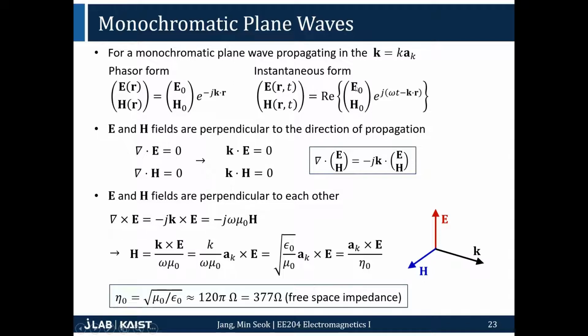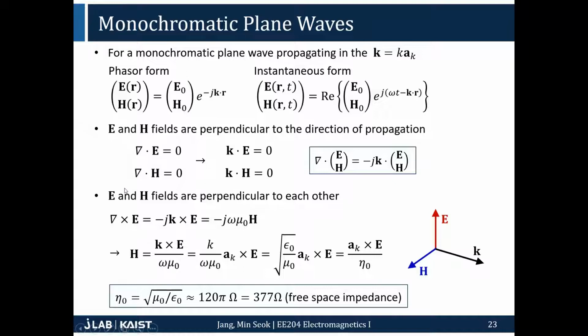And similarly, the instantaneous form should look like this. The same thing can be done here. If you look at this, divergence of E is 0, which is equal to k dot E is 0. And divergence of H is 0 is also equal to k dot H is 0, which means E and H are perpendicular to k in general, right?